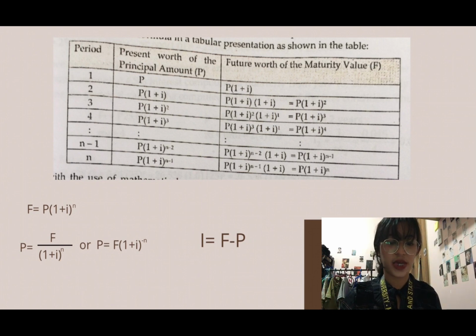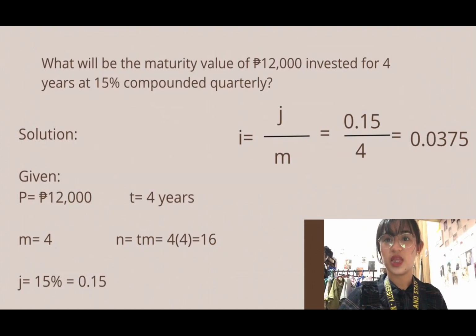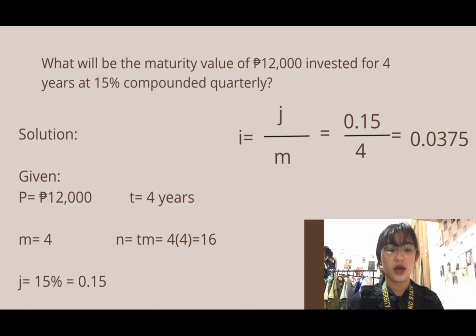Or P equals F times 1 plus I raised to the power of negative n. And then I equals F minus P. So I will give you a simple example on how to compute the compound interest.